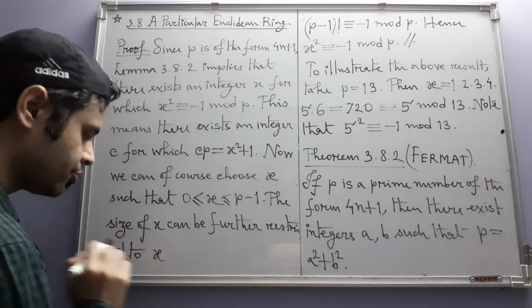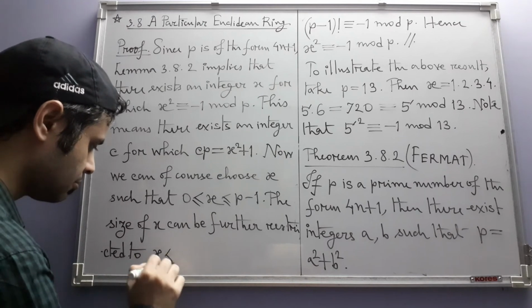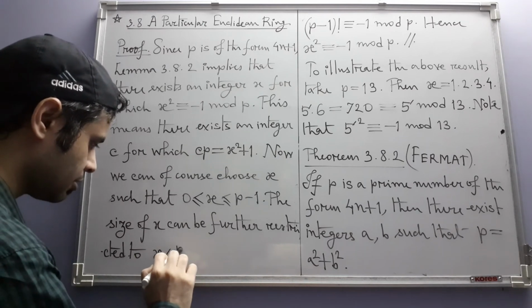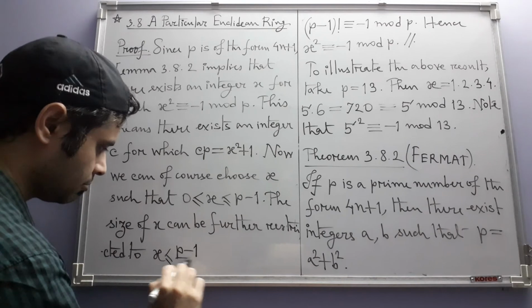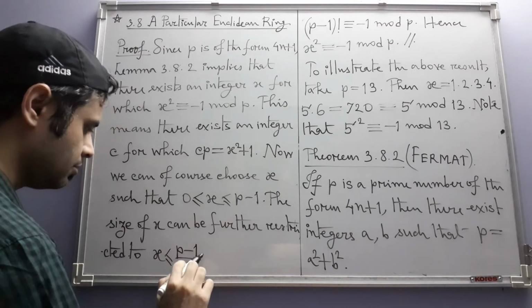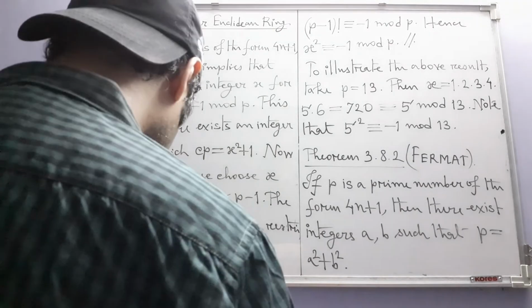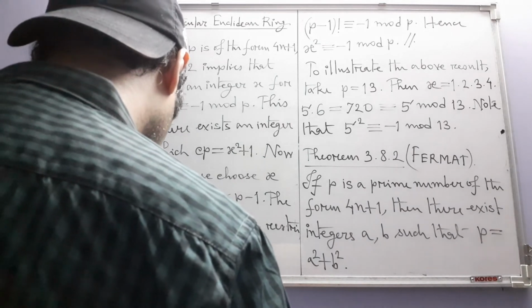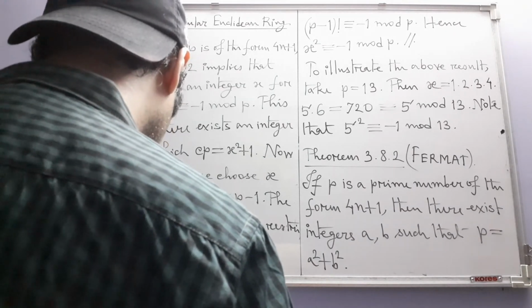X can actually be chosen to be less than or equal to p minus 1 by 2. Is it p minus 1 by 2?